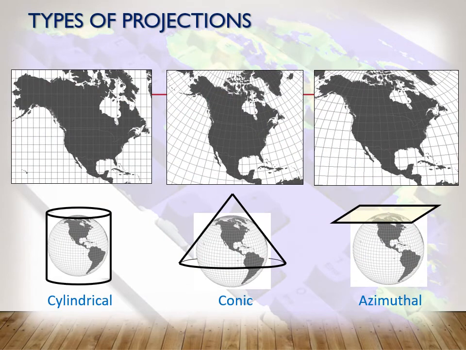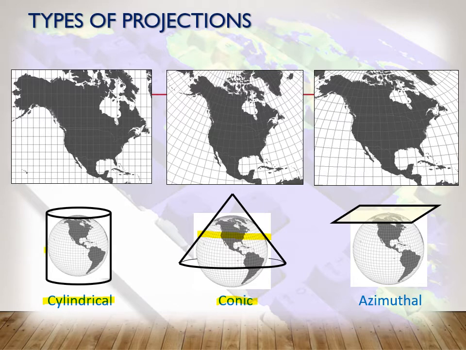So I like to think of it really as there are 4 types of projections. You have your cylindrical projection, which is like the Mercator projection that preserves shape but not size. Conic projections we didn't talk about yet, but this preserves the mid-latitudes really well.